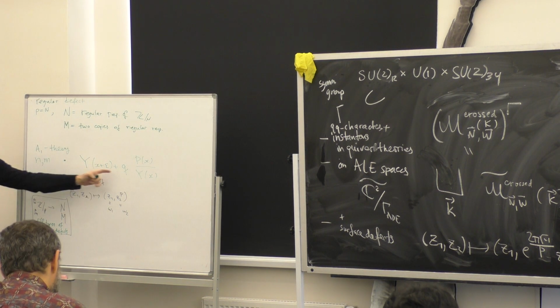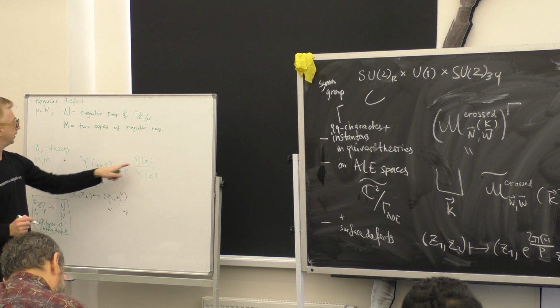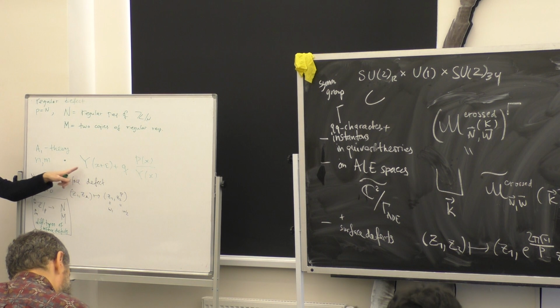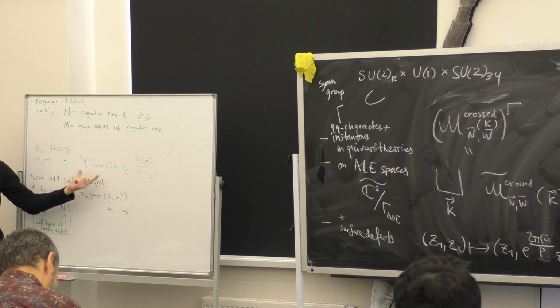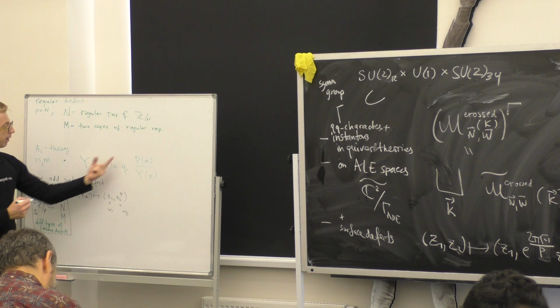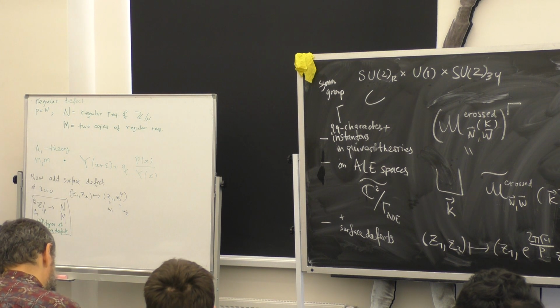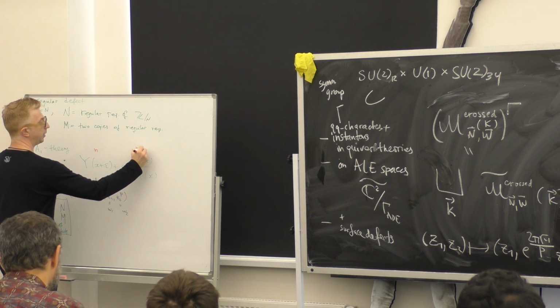You can already see from here that there is something special happening when the number of masses is twice the number of colors. The y function is a rational function for each instanton of degree n. This function has degree n, and the correction term has degree m minus n.